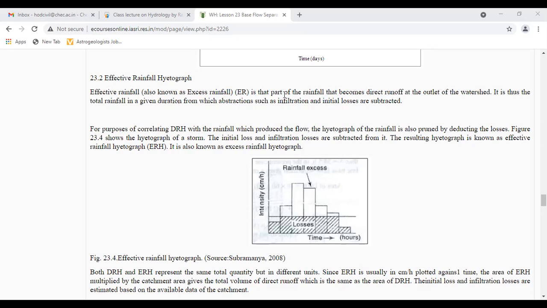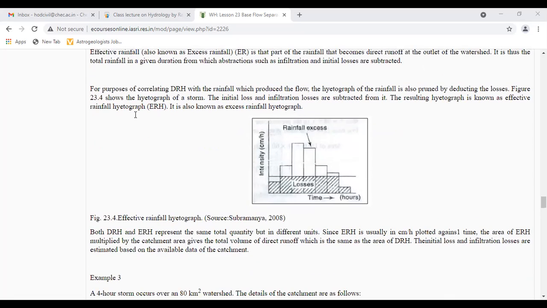It is thus the total rainfall in a given duration from which abstractions such as infiltration and initial losses are subtracted. For the purpose of correlating the direct runoff hydrograph with the rainfall which produced the flow, the hydrograph of the rainfall is also furnished by deducting the losses.